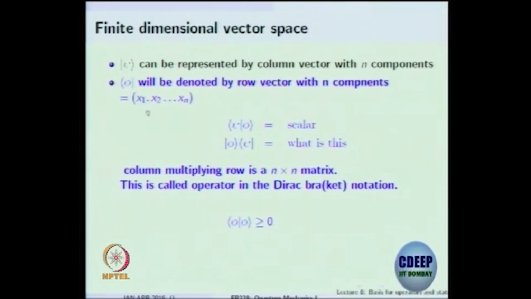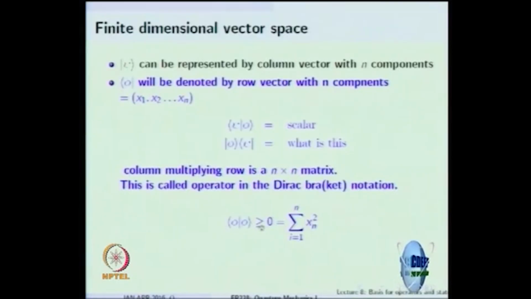If you try to write it in this notation, you want the norm to be always greater than or equal to 0. When will it be 0? When phi is a null vector. Otherwise, this is going to be in general positive. If you rewrite in the representation as a row vector with x1 till xn and a column vector with x1 to xn, then this is the condition you get for the inner product of these two vectors, the square of the norm.